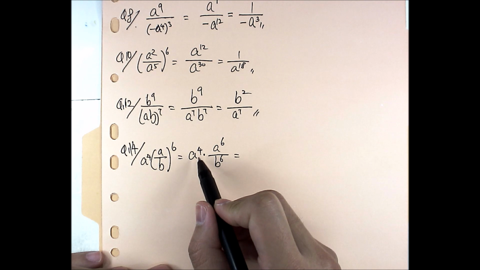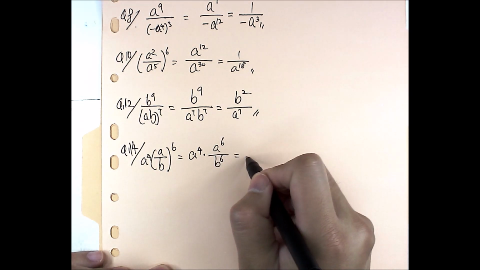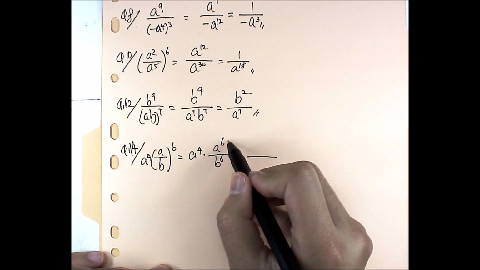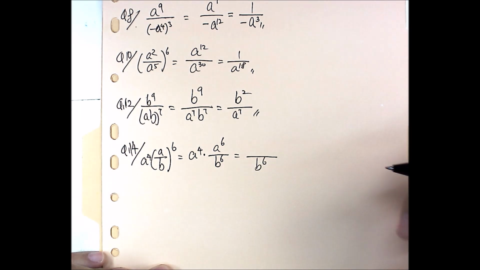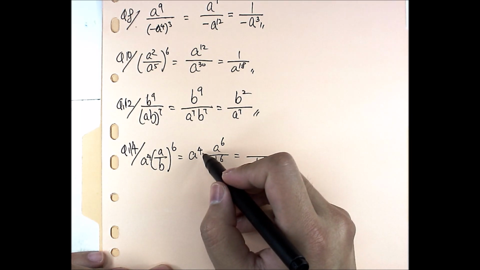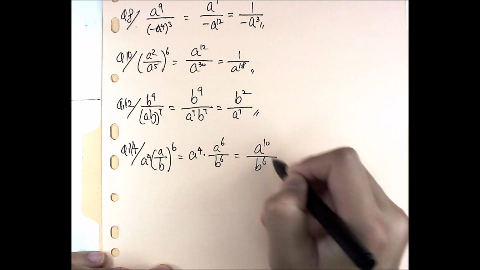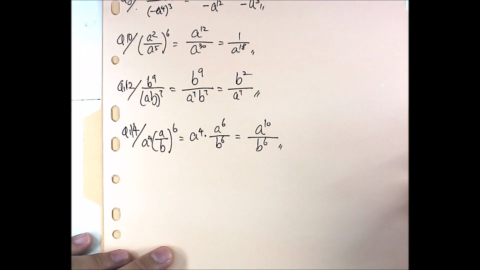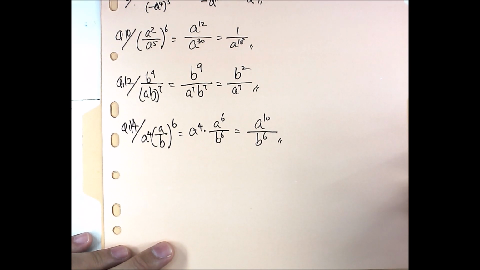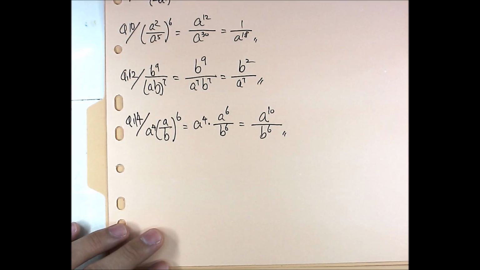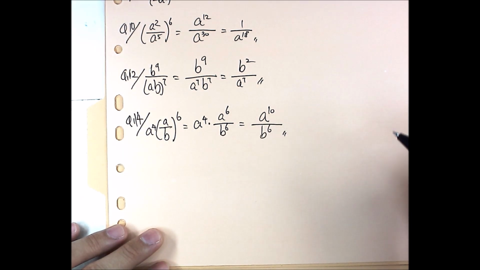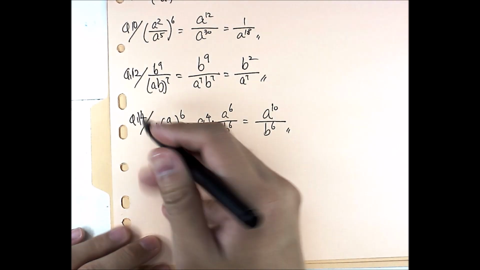You times the number to the numerator, understand? So actually you use this to times this, keep the b to the power 6 at the bottom, and then the 4 and the 6 are doing addition, not multiplication. Okay? So this is the 14, keep going.